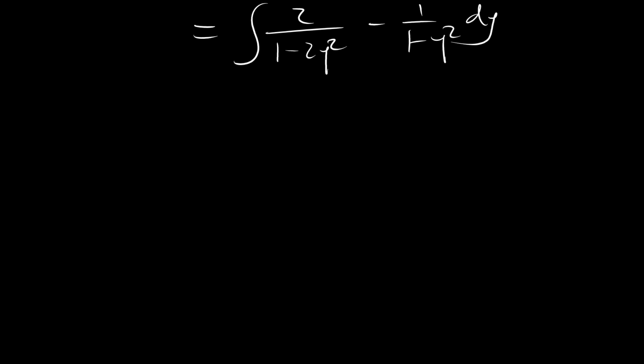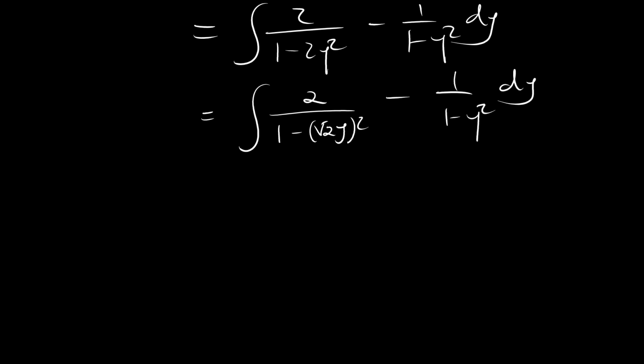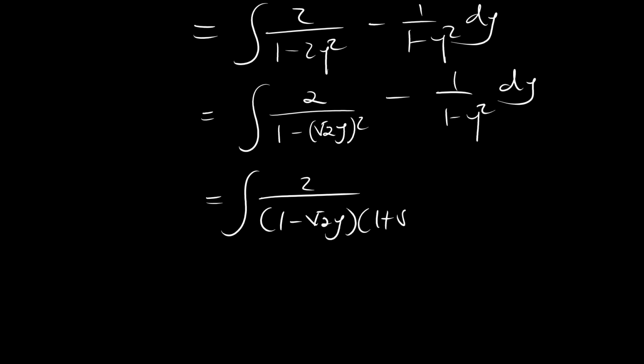The problem now becomes 2 over 1 minus 2y squared minus 1 over 1 minus y squared, which can be expressed as 2 over 1 minus square root of 2 y squared minus 1 over 1 minus y squared, which is the same as 2 over (1 minus root 2 y)(1 plus root 2 y) minus 1 over (1 minus y)(1 plus y).